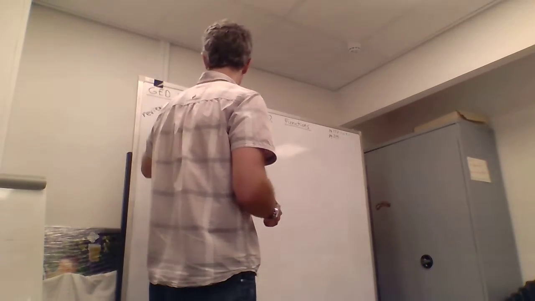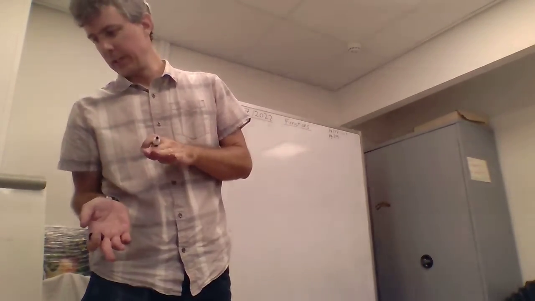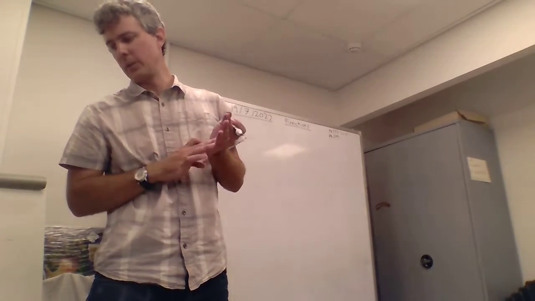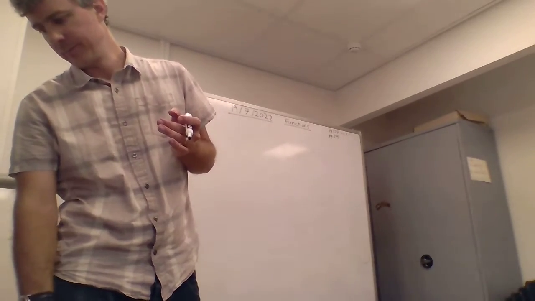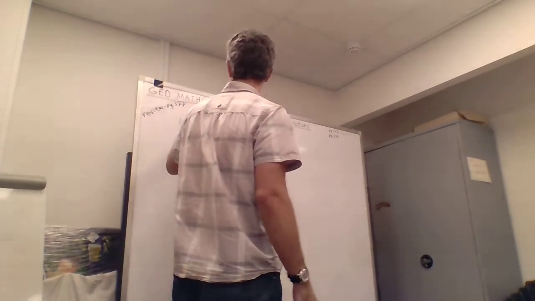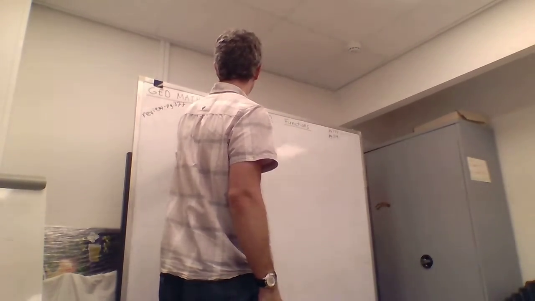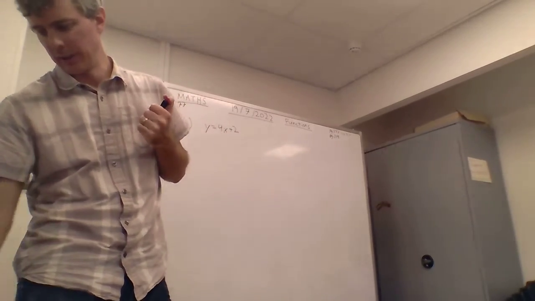It's a bit different. Number 10 says, which of the following is the equation of a line that intersects y equals 4x plus 2? So y equals 4x plus 2. So it's a bit of a strange question here.